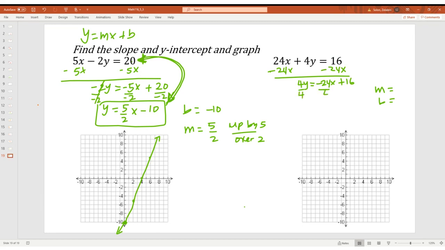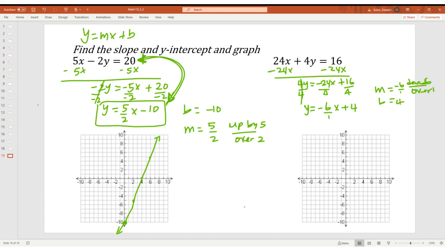When you divide each one of them, because your objective is to isolate y, this becomes -6. So technically it's -6/1 x plus 4, which means it goes down by 6 over 1. And you have b equals 4.